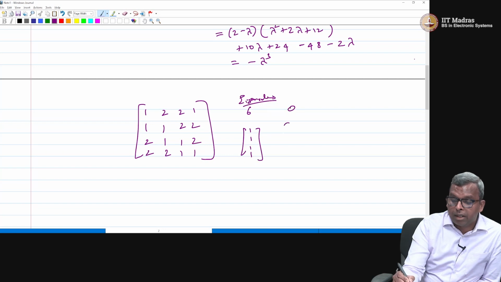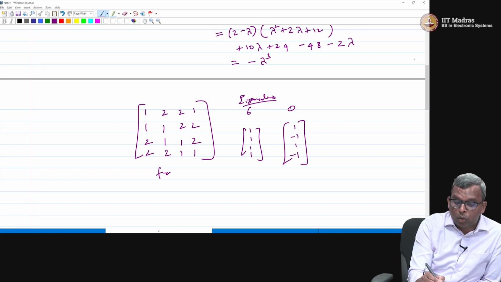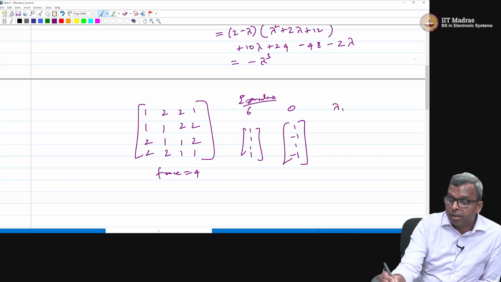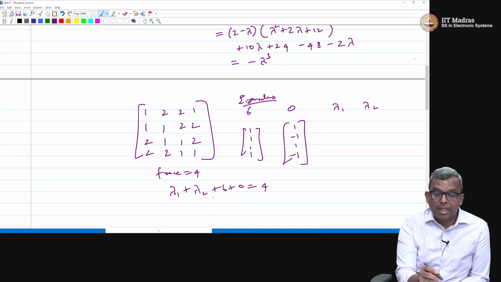And 0 is an eigenvalue, and the eigenvector corresponding to that is 1, minus 1, 1, minus 1. And then the trace is 4, which means if the other 2 eigenvalues are lambda 1 and lambda 2, then lambda 1 plus lambda 2 plus 6 plus 0 equals 4.